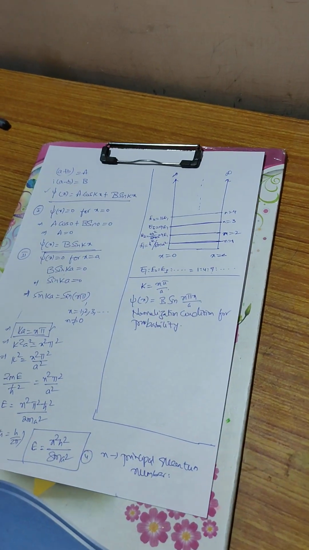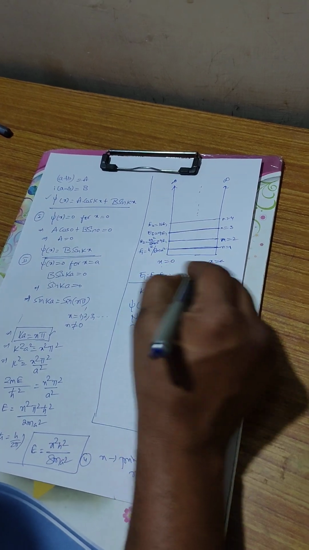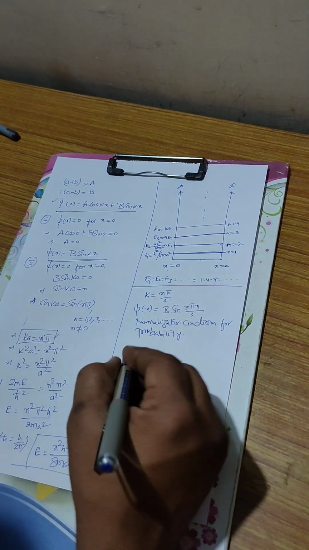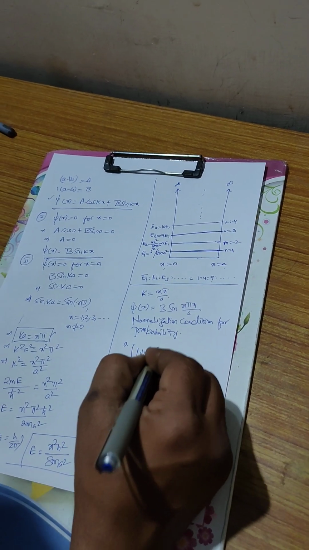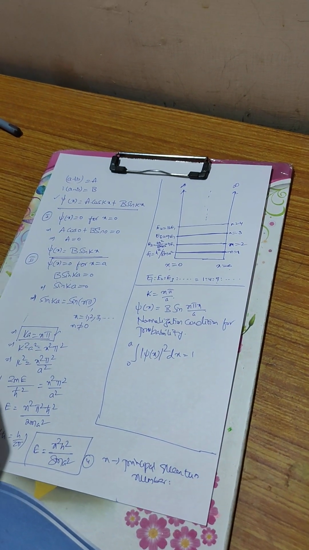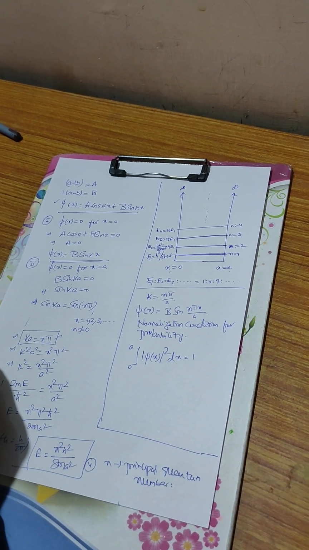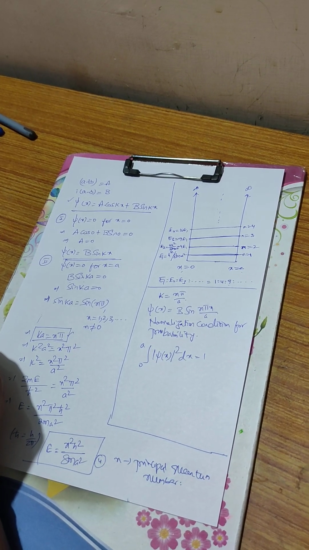That is, according to the normalization condition for probability, because the width of the well is finite from 0 to a, we can write integral 0 to a modulus of psi of x whole square dx is equal to 1. This is the normalization condition for probability for the particle in a potential well of finite width and infinite height.